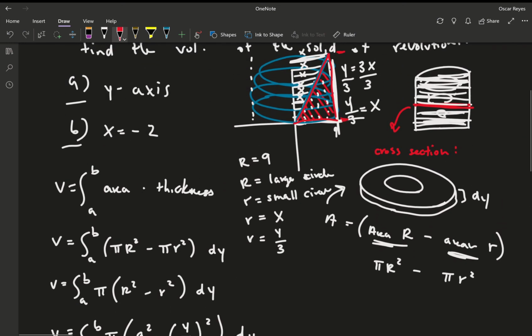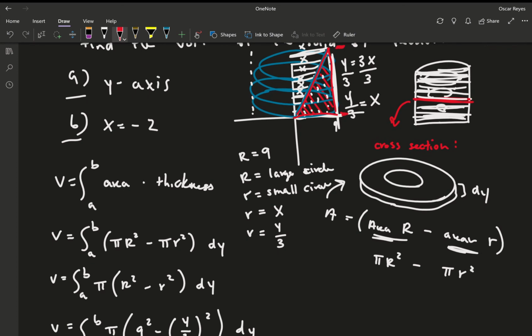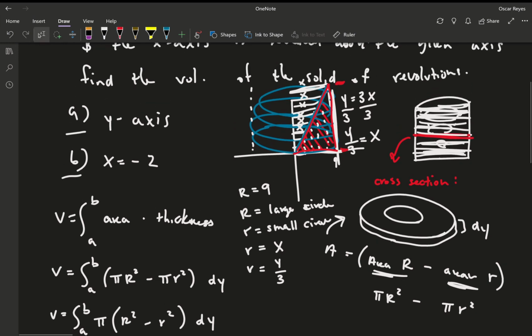And how about b, which is up here? The thing is we don't know how to find that. But what we do know is that the x is 9 here. So this point is going to be 9 comma something, because we're at x equals 9.